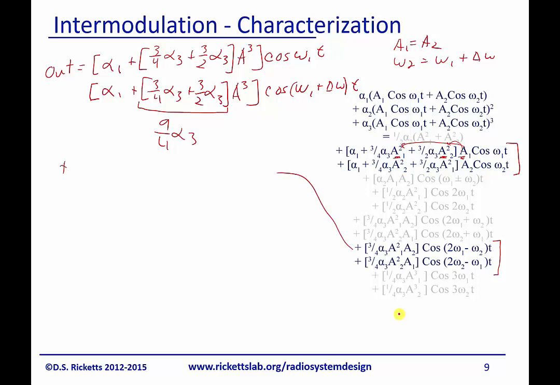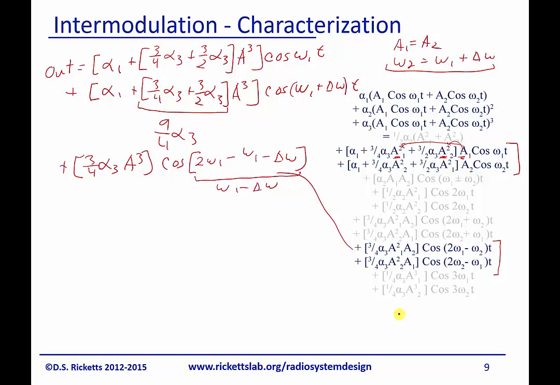So plus, I'm going to have 3/4 alpha 3 A cubed cosine of 2 omega 1 minus omega 1 minus delta omega, where I've just substituted in this here, right? And this is going to give me omega 1 minus delta omega.